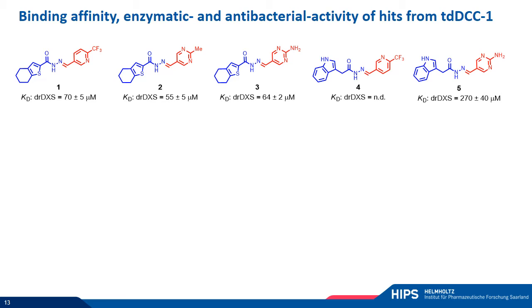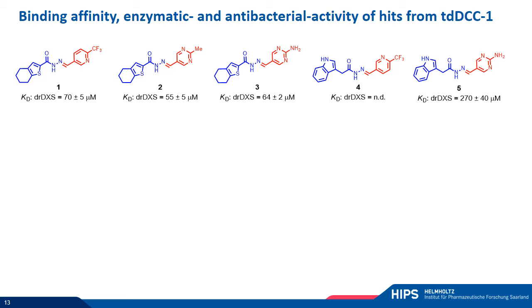So we synthesized all the 5 hits from the DCC1 and evaluated their binding affinities for DXS using surface plasmon resonance. The 5 hits showed moderate binding affinity ranging from 55 to 270 micromolar.